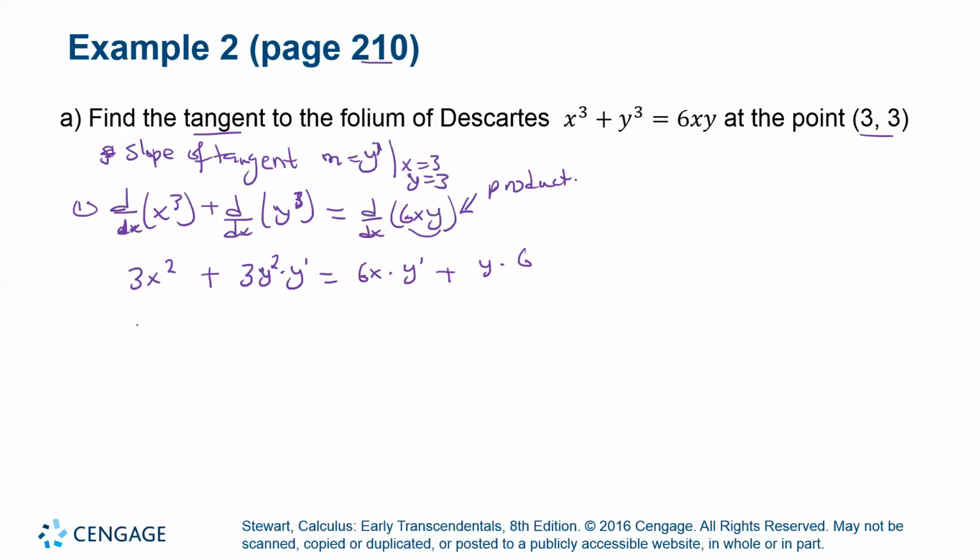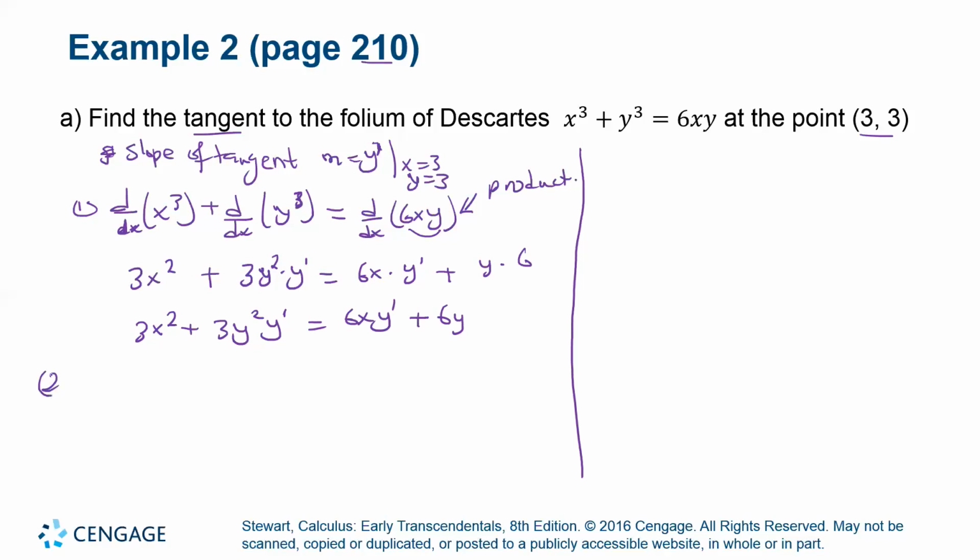So this is equal to 3x squared plus 3y squared y prime, that is equal to 6x y prime plus 6y.